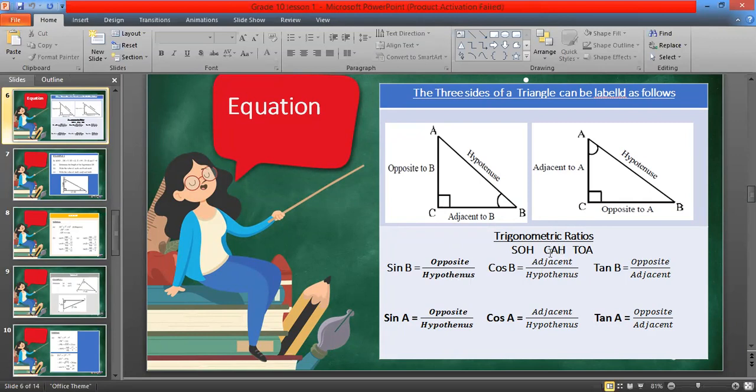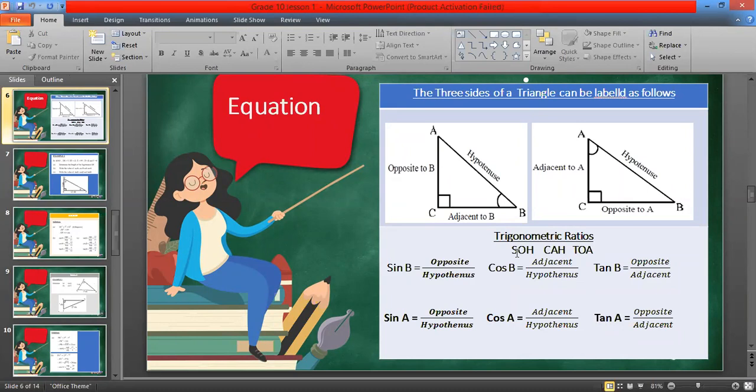Cosine of an angle, sine of an angle. When you say sine, it must be sine of a particular angle, for example sine A, sine theta, sine beta, sine alpha. So the sine, the cosine, and the tangent must always refer to an angle, as is the habit in mathematics.